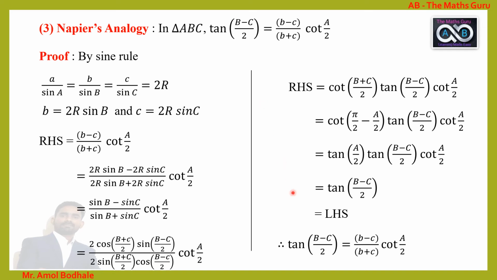So therefore tan of (B minus C) upon 2 is equal to (B minus C) upon (B plus C) into cot of A by 2. We can remember this statement when we are considering tan of (B minus C) upon 2. Here the angles are B and C, so we have to write the difference of sides B and C, the sum of sides B and C, and cot of the angle other than B and C, that is A by 2.